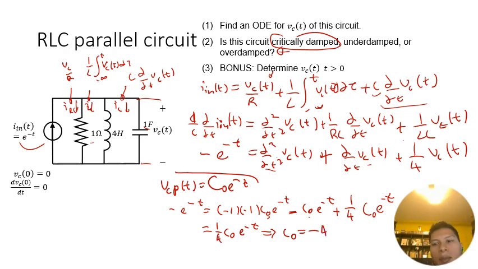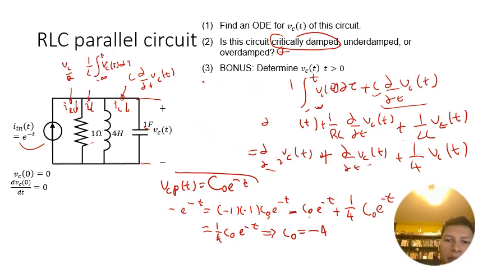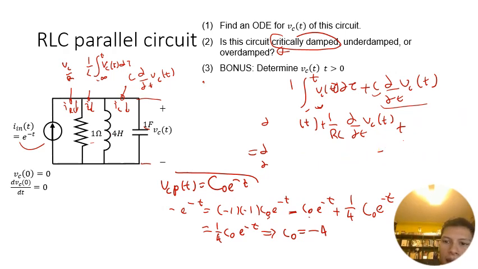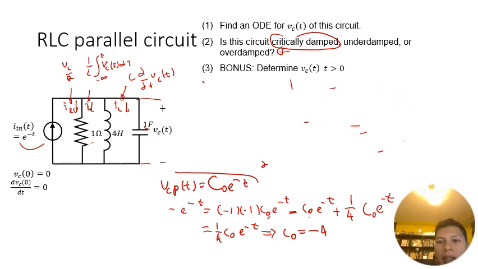Okay, so we found the particular solution, and we also have the homogeneous response. So now let's find the total response. To find the total response, we now have to apply the initial conditions.